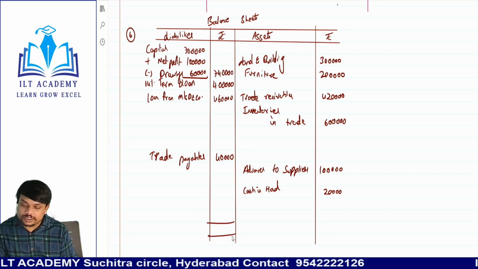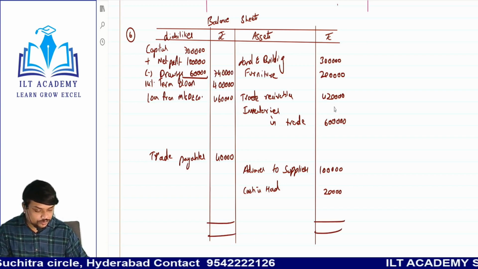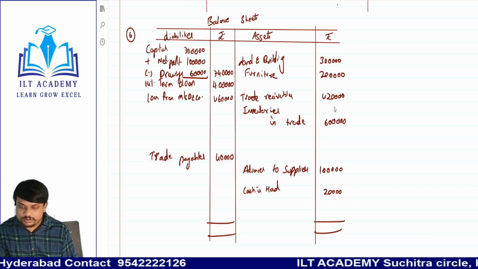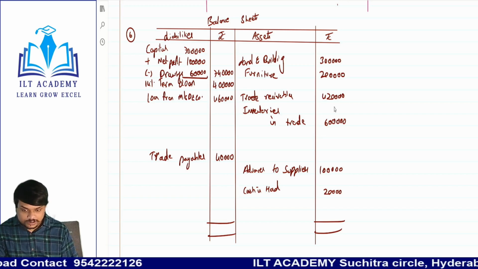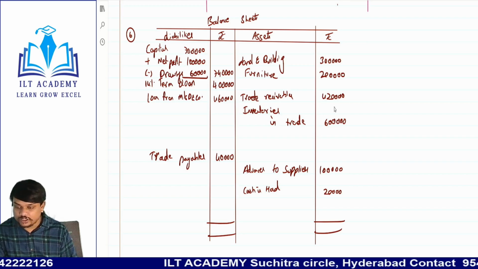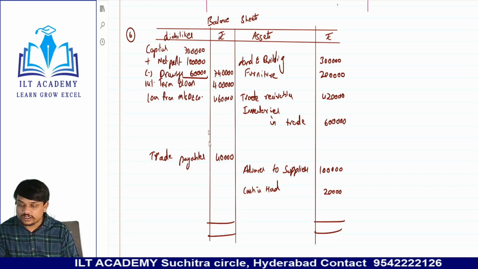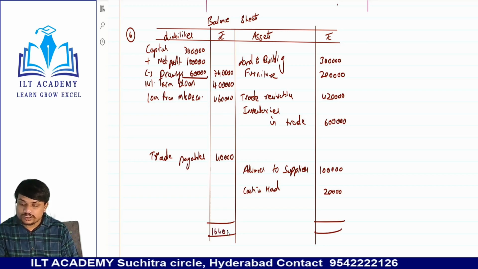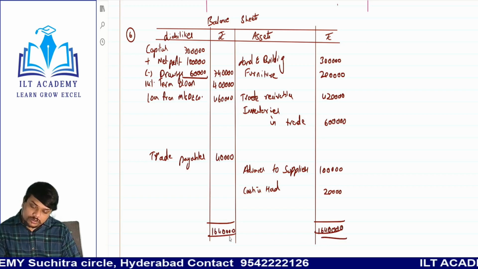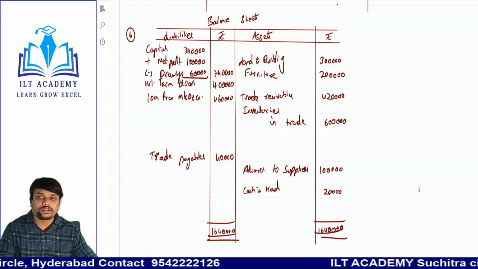Now if you do the balance sheet total, it is going to appear as 3 lakh plus 2 lakh plus 4,20,000 plus 1 lakh plus 20,000, 16 lakh 40,000. Both on asset side and liability side, you will be having 16,40,000, the total balance sheet value.